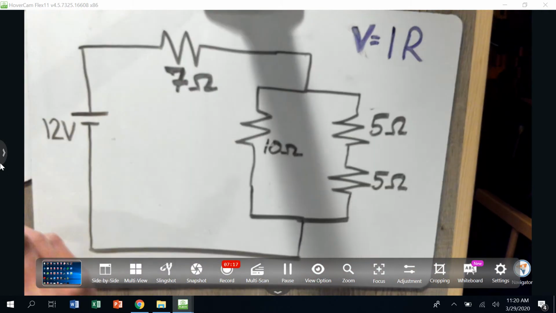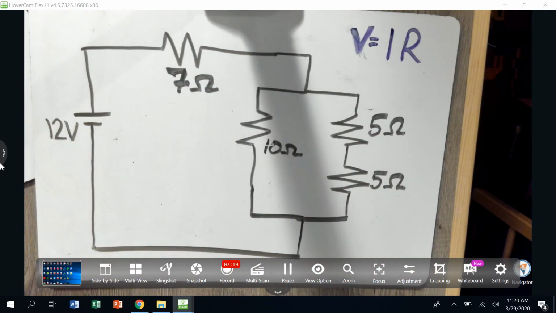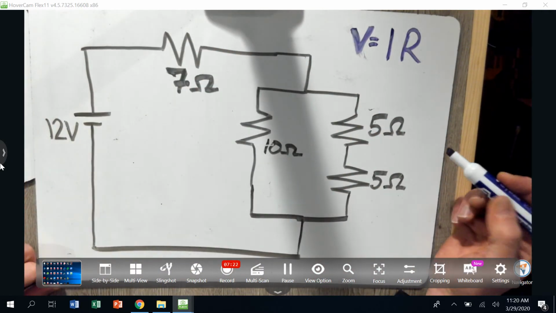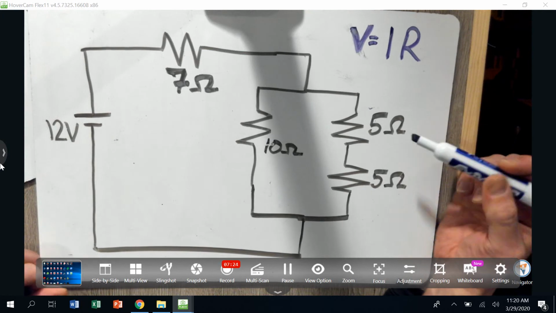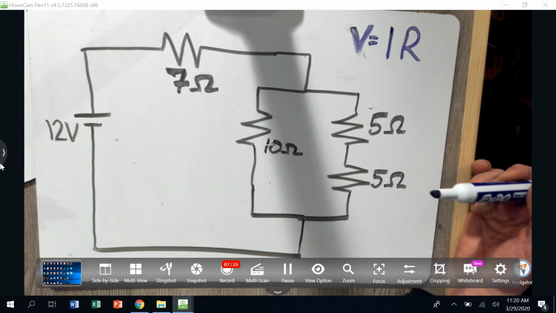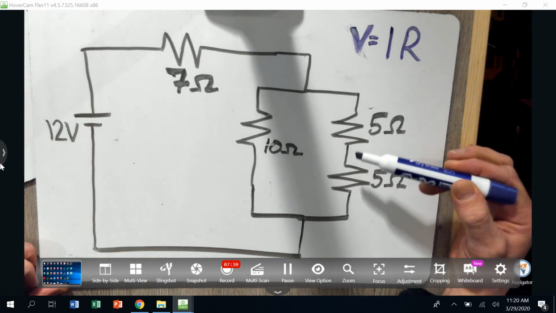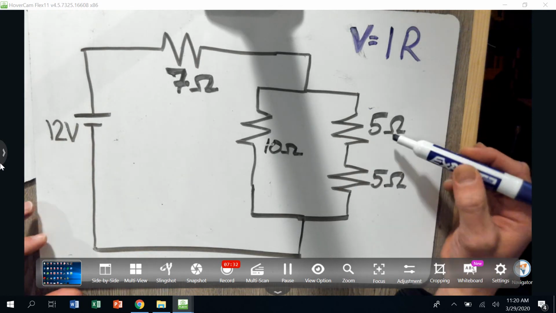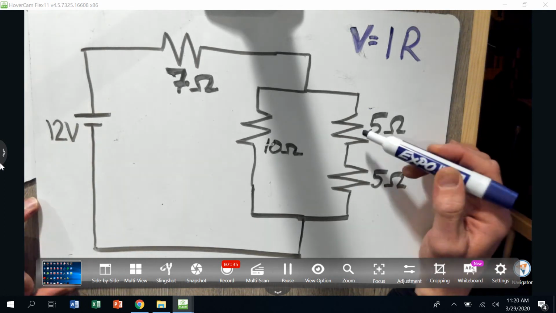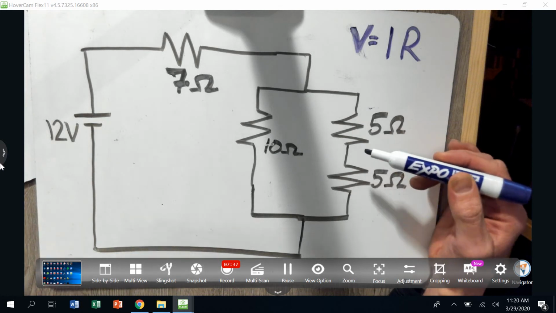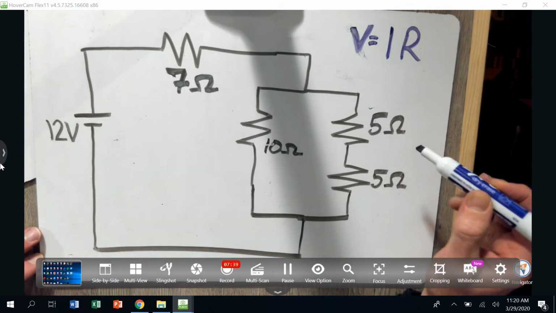So let's go back to our main circuit now. First things first, you start to break it down from the smallest point out to the whole circuit. So I look at one little section right here and ask, what is the equivalent resistance of these two? If I had to take these two resistors out and replace them with one resistor, what would I get?